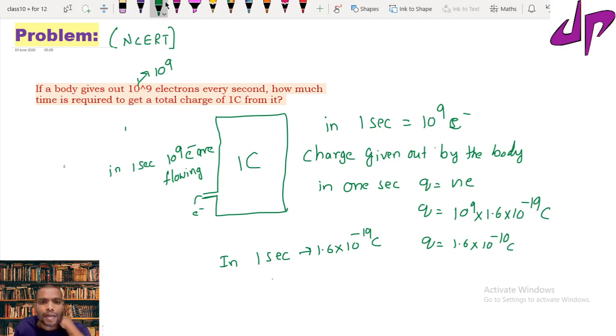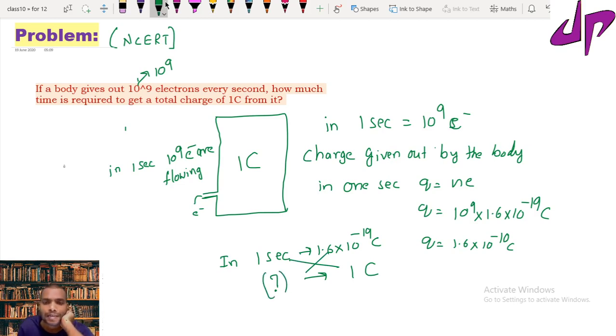So what is the time required to get 1 coulomb of charge? Now the problem becomes simple, and you can do the cross multiplication to calculate the time.